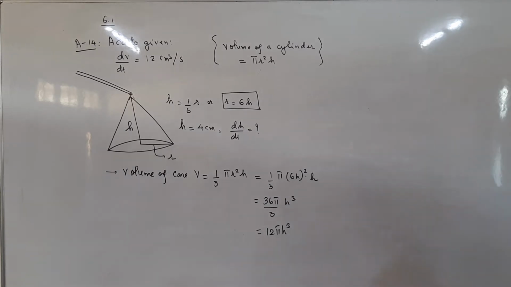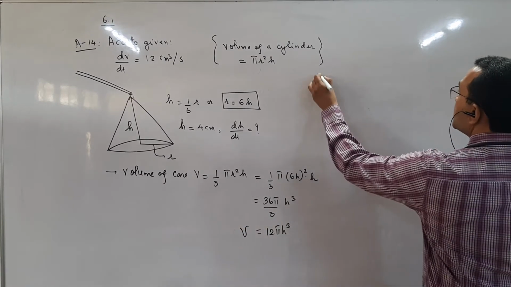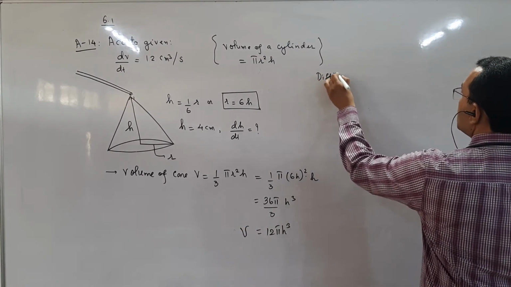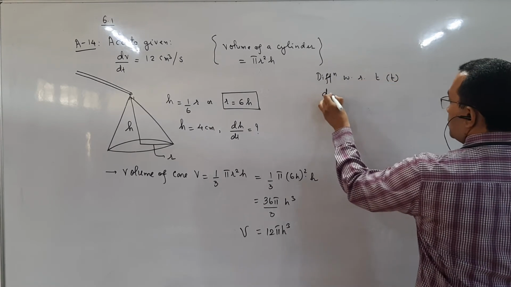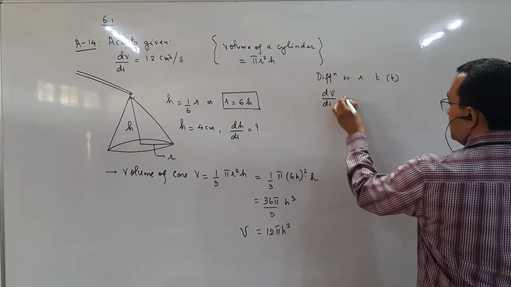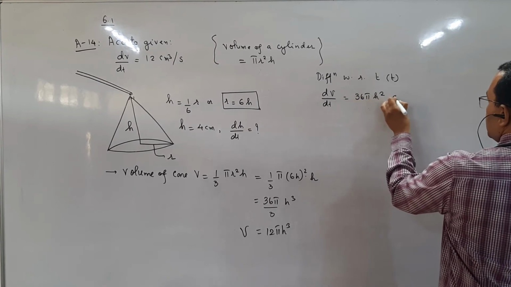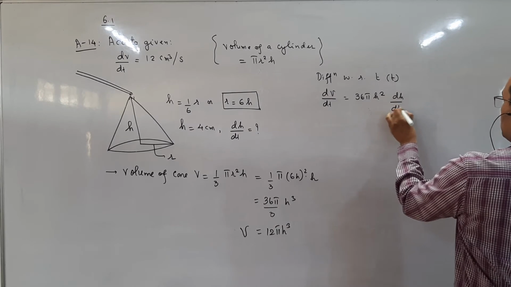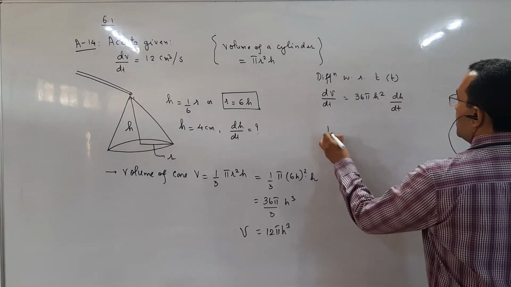Now, this is volume. So differentiating with respect to t, dV by dt is equal to 36 pi h square dh by dt. dV by dt is 12.